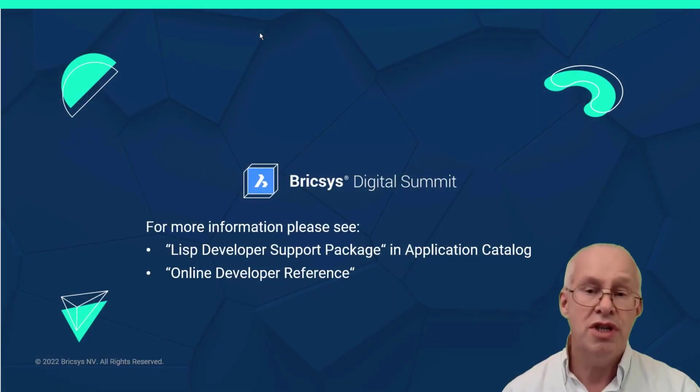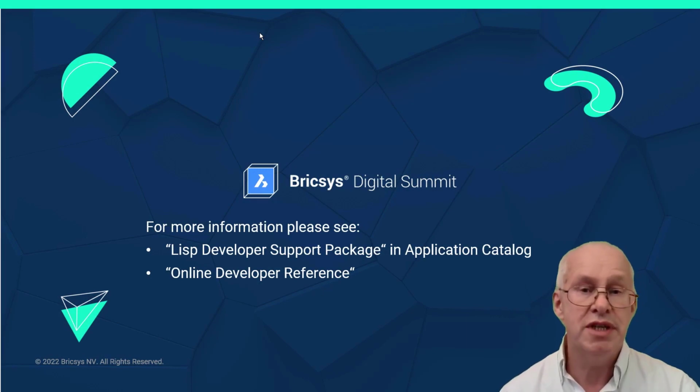All these new LISP features with version 23 are documented in our LISP developer support package, which is a freeware download at our application catalog. And of course, the online developer reference will also include all the new and extended LISP features.